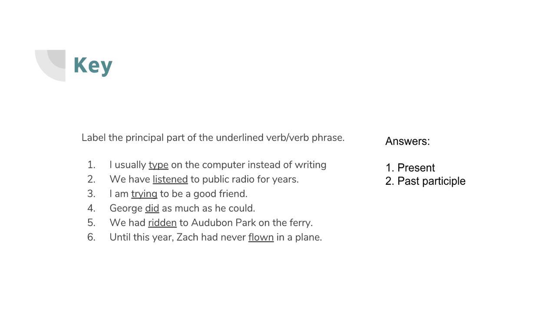But number 2 is the past participle, because it's not just listened, it's have listened. 3 is present participle, because it's not trying, it's am trying. 4 is past, because it is simply did. 5 is past participle. And 6 is past participle. But I want you to write down why they are past participle in your notes, and I will be looking for this answer when we discuss this in class.